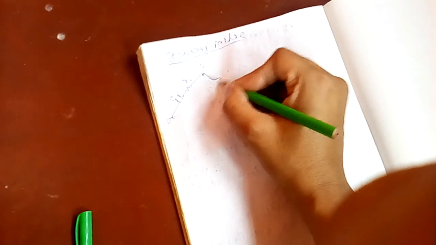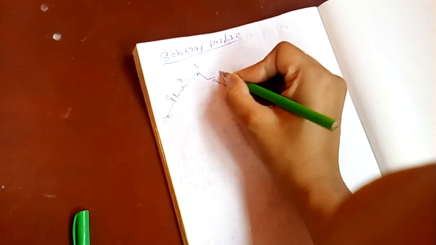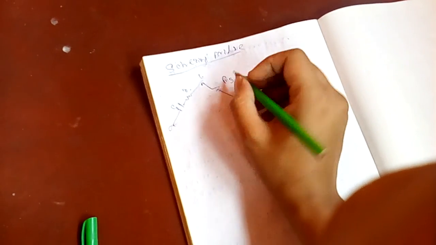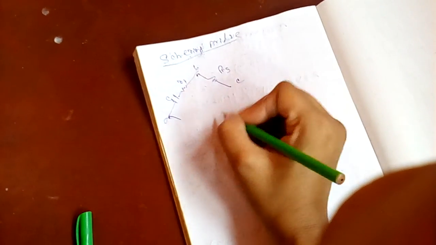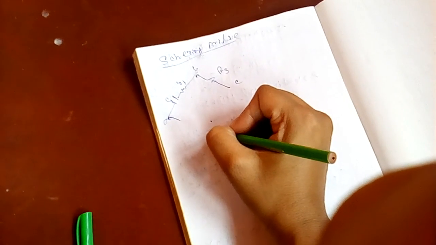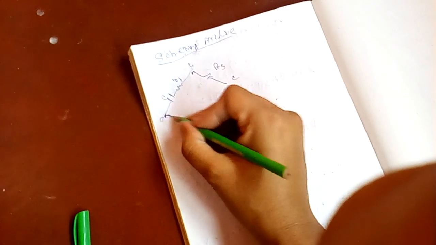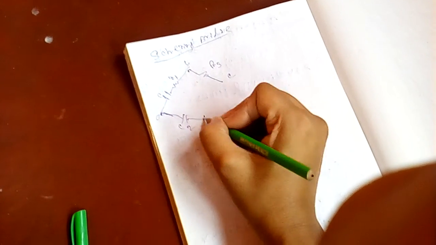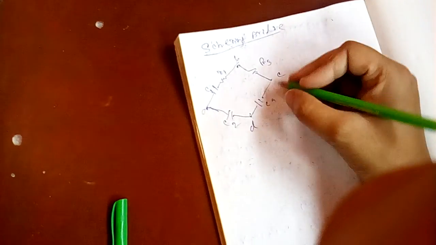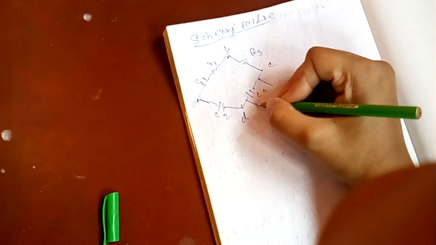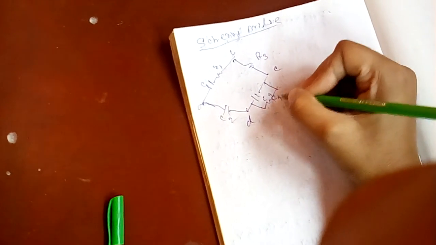Between B and C there is a resistance R3, between A and D there is a capacitor C2, and here the capacitor is C4 between C and D. Between C and D there is another resistance R4 in parallel.